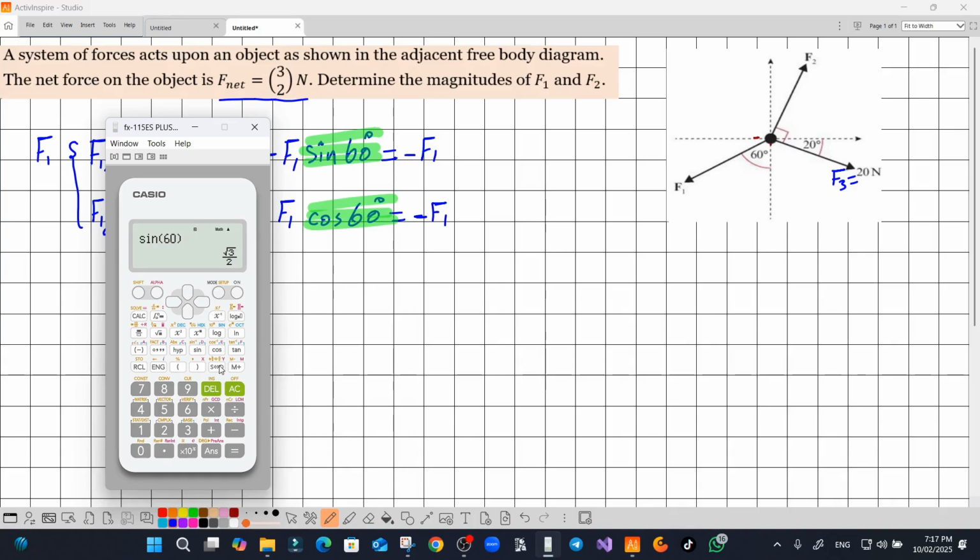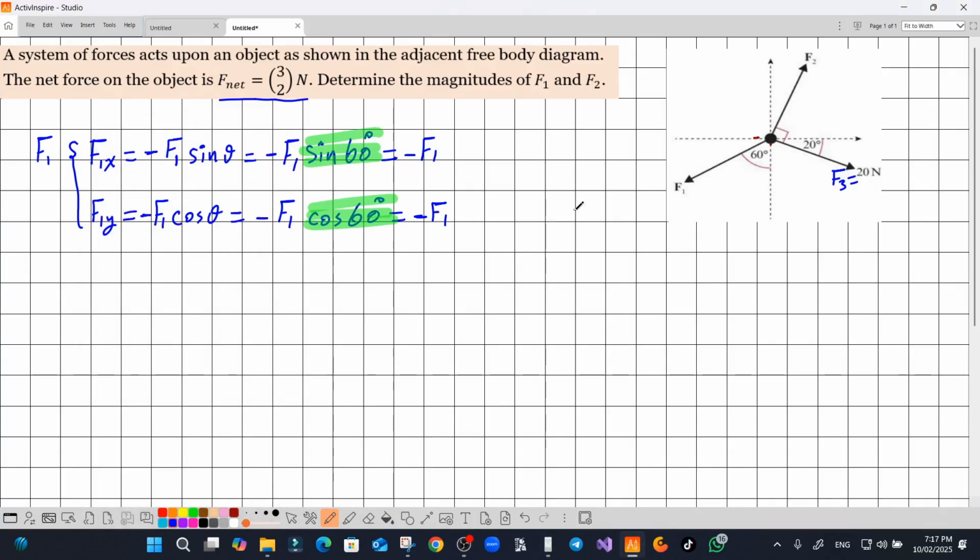However, for simplicity and to avoid complicated operations using the calculator, we will see that next. I prefer to write it in decimal form. So let me write it as 0.866. Three digits after the decimal are enough. So 0.866.